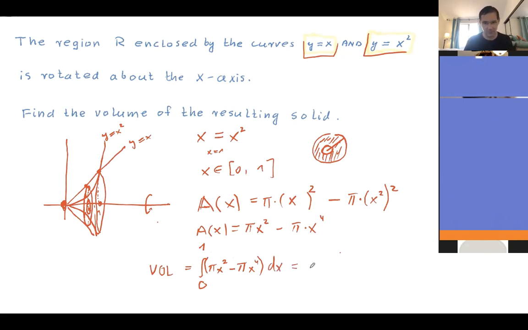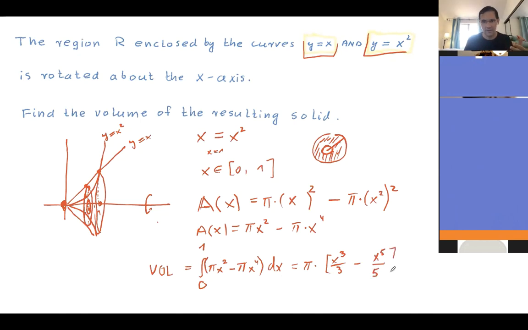For that, I have to use the fundamental theorem. So this is going to be pi times the antiderivative of x squared, which is x cubed over 3, minus the antiderivative of x to the fourth, which is what function? X to the fifth. Perfect, x to the fifth divided by 5.